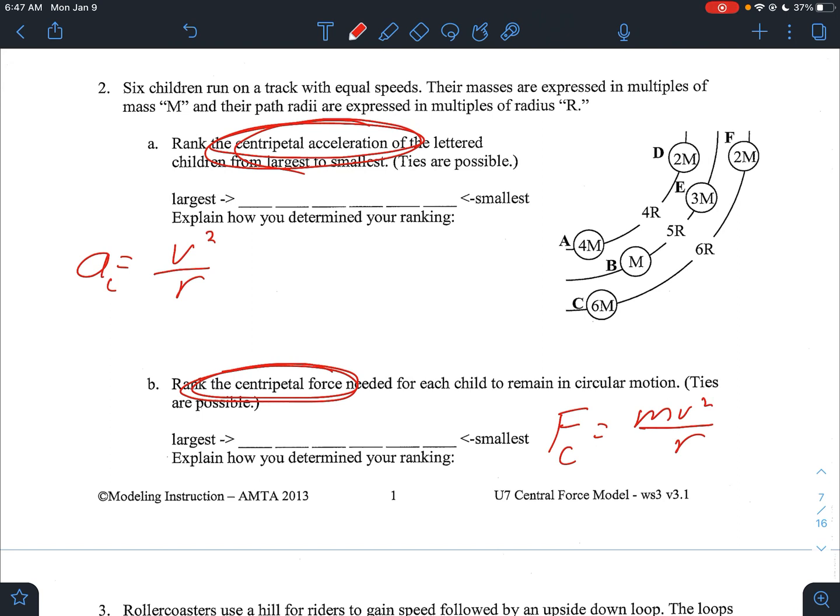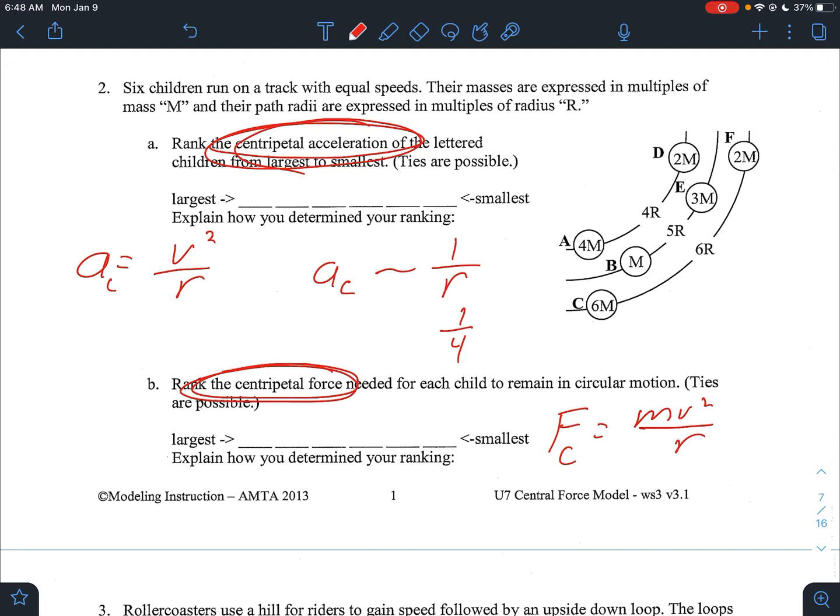So really I'm looking at the proportion of centripetal acceleration, or rather the inverse relationship of radius and acceleration. So if you go through, say for example, the students that are running in the first lane, where it's a radius of 4r, their reference acceleration would be 1/4.